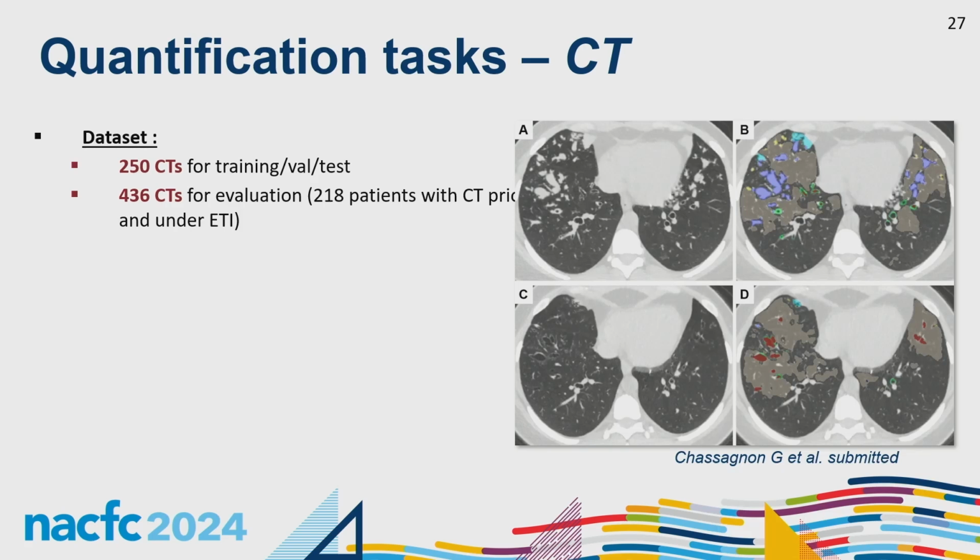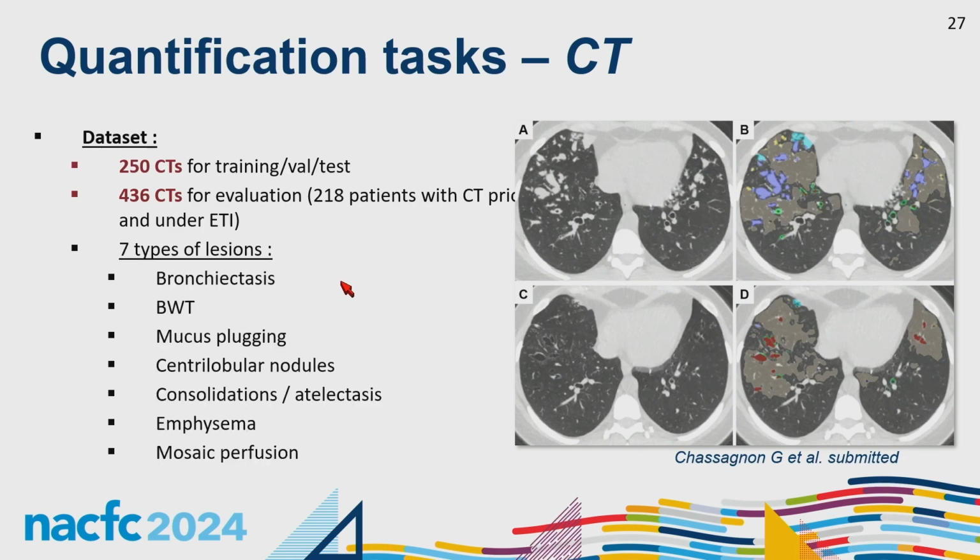And lastly, this is a paper that we submitted, a tool we trained here to quantify lesions from large and small airway disease on inspiratory CT scans. We trained the tool on 250 CTs, and then applied it on a cohort of 436 CTs from patients treated by ETI.